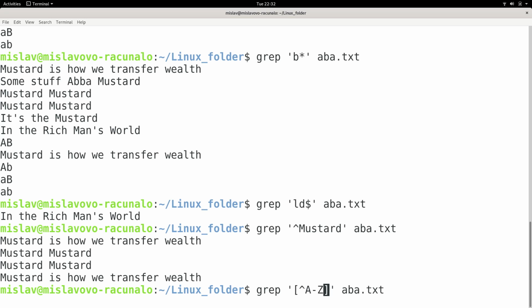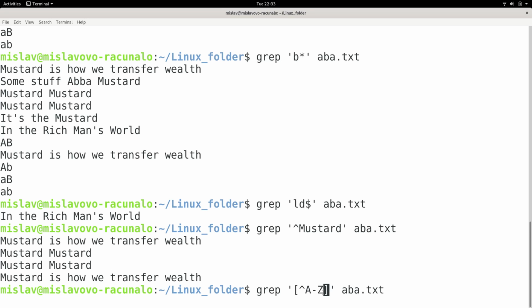What I'm actually saying to grep is: find any line that has a character which is not A to Z in it. So this isn't saying match a line which doesn't have the characters A to Z in it. This is saying find any line that has a character which is not A to Z in it.